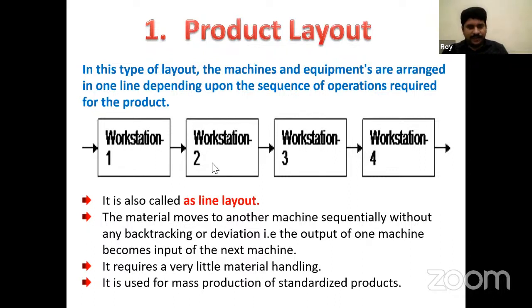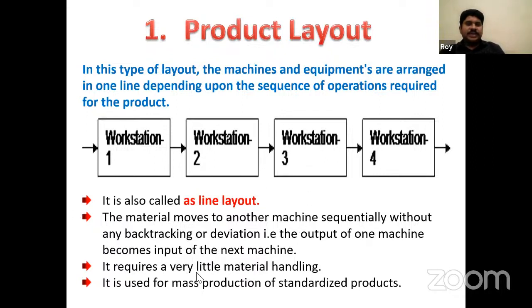From the cutting, it will go for the segregation. From that, again, polishing, and then giving the final touch. I'm just giving examples. Whatever the process, 1, 2, 3, 4. After finishing the first task, the output of that product will go to another machine as an input. And the output of the second task will go to the other machine as the third. Like this, it will go on.